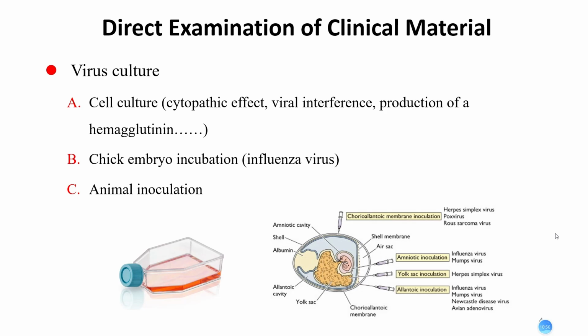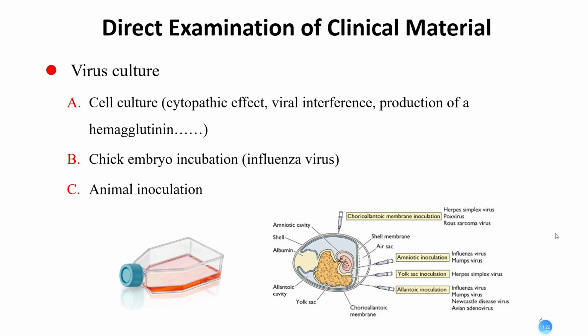And we can culture viruses in different ways, such as using cell culture. We culture the host cell in this flask, and then infect the flask with the virus in the specimen, so that you can collect more particles. You can also culture the virus in a chicken embryo.